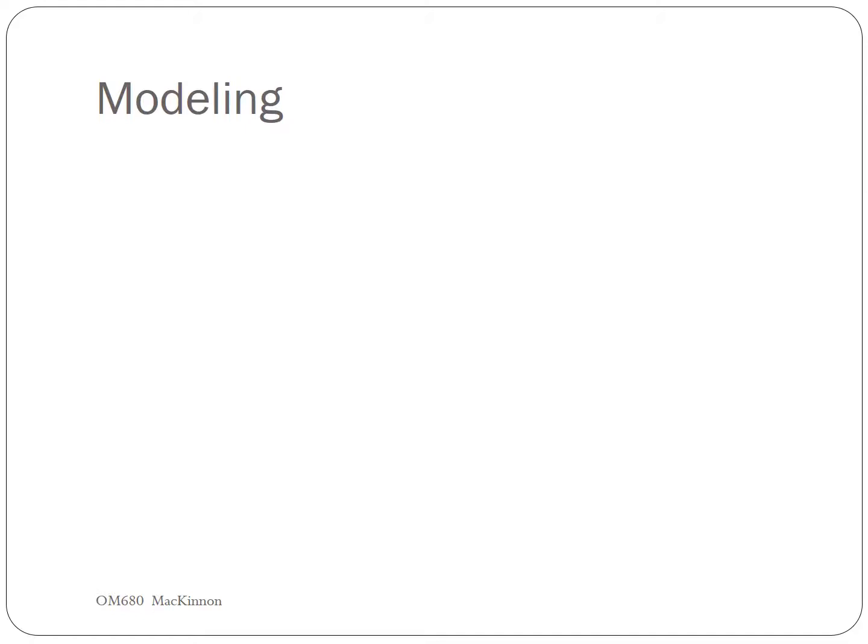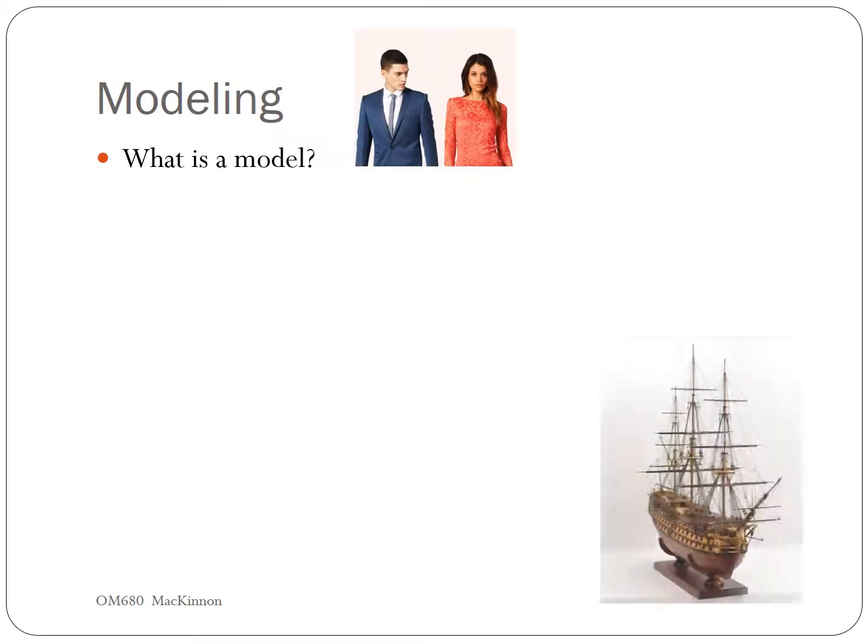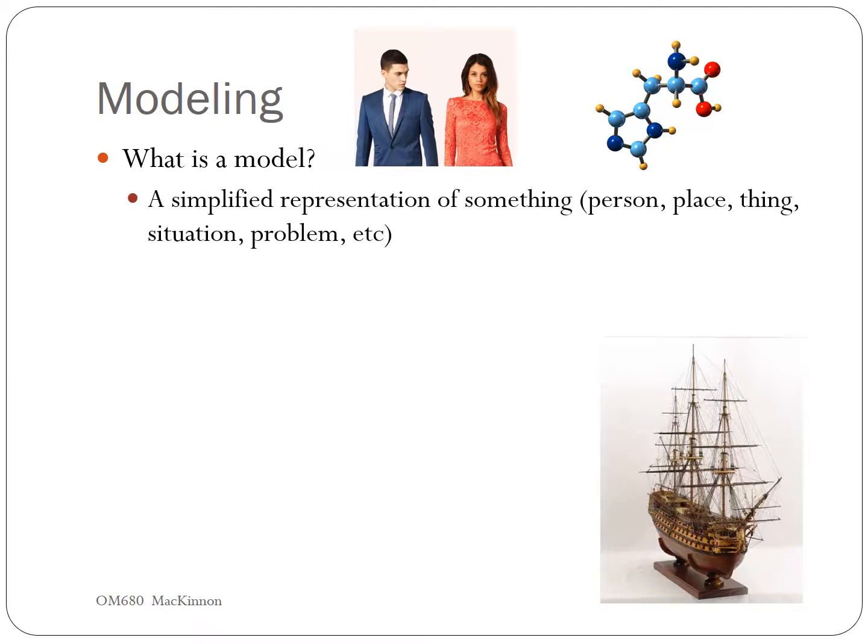So this chapter, and actually much of the course, is about modeling, okay? And so that brings up the question, what is a model? Now, when we say the word model, what are we thinking of? Are we thinking of this, or how about that? Well, in fact, those are models, okay? What is a model? It's a representation of something, a person, place, thing, situation, problem.